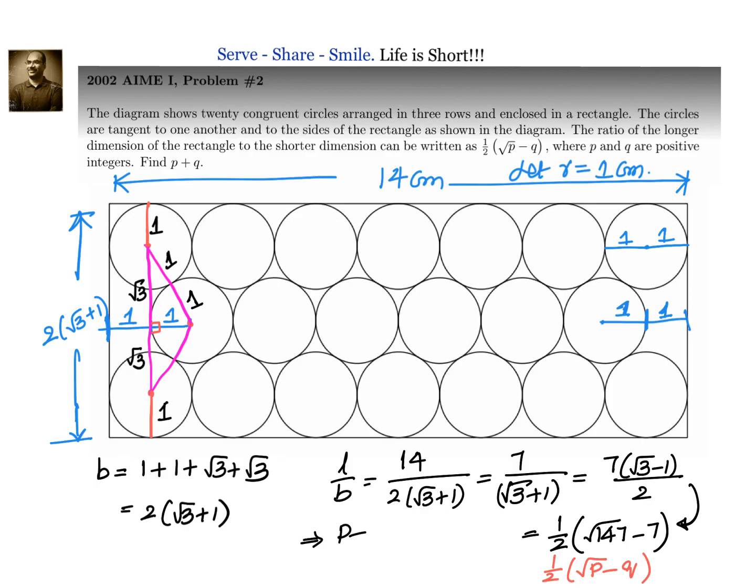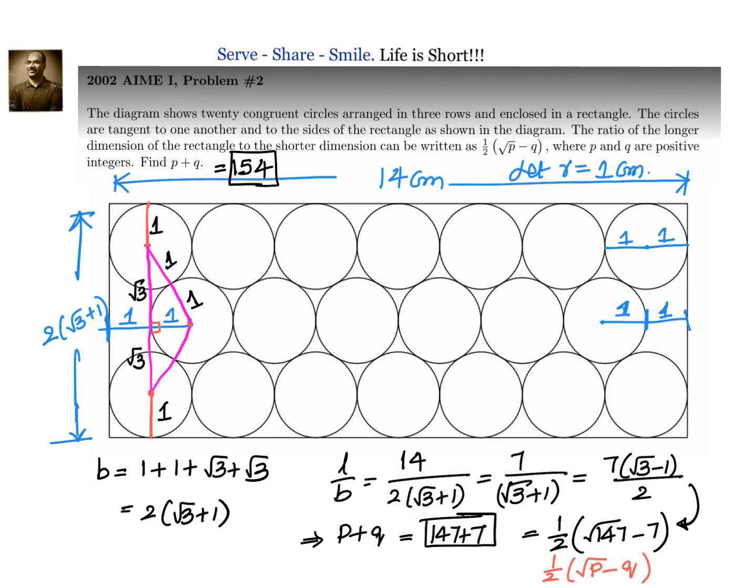Therefore p plus q equals 147 plus 7, that is equal to 154. So p plus q is 154.